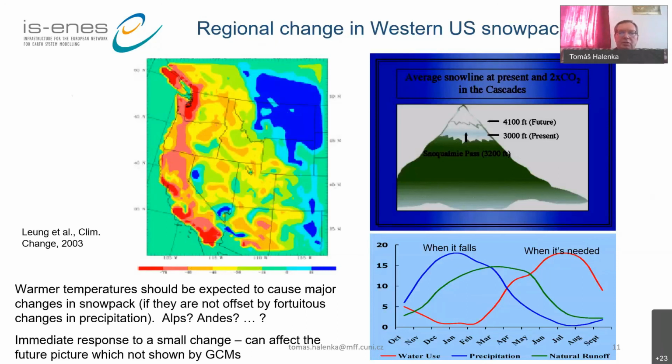So that's the connection to impacts on hydrology. That definitely needs high resolution to get properly the snowpack generation and then melting. And this is for the US, but we can see something similar even in the alpine region. So that's valid more or less generally.